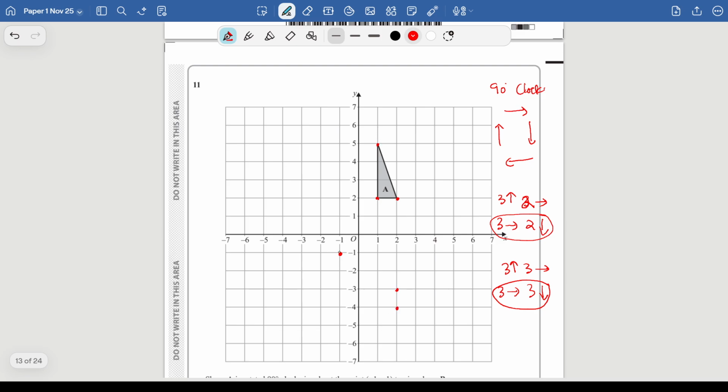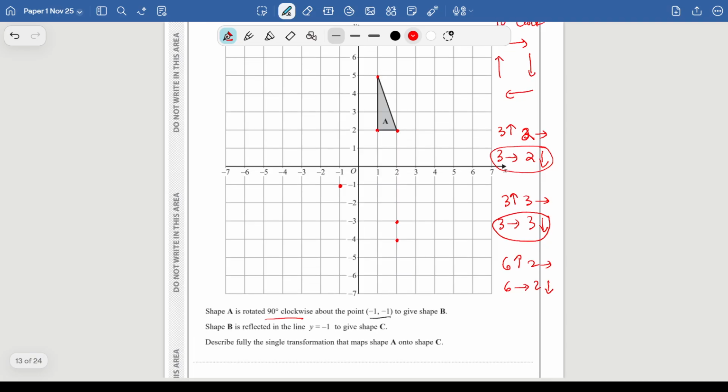The last point is 1, 2, 3, 4, 5, 6 up and 2 right. So 6 up and 2 right will be 6 right and 2 down, using the same transformation as we did. From the center now, 6 right, 1, 2, 3, 4, 5, 6, and 2 down, 1, 2. It goes in here.